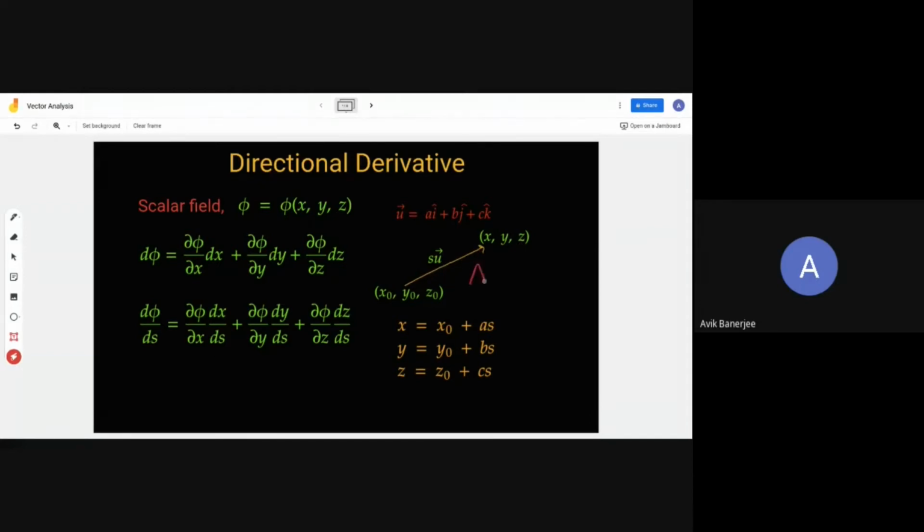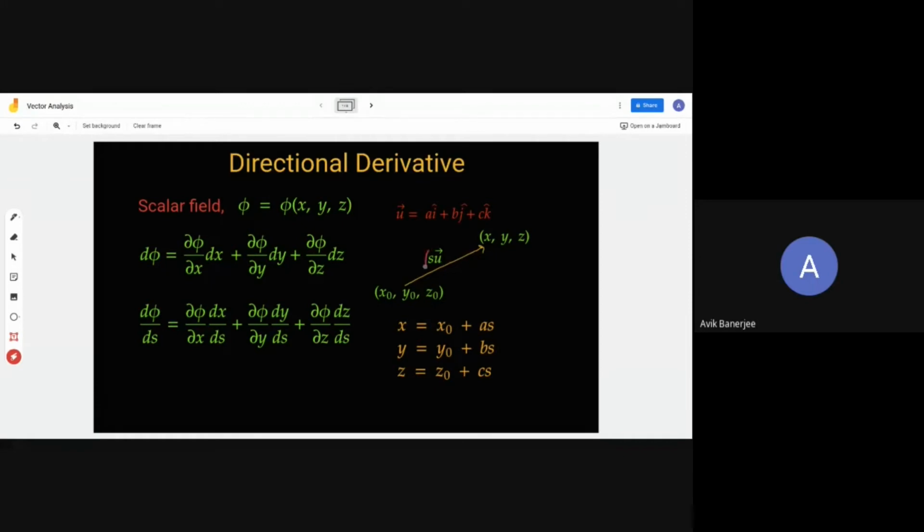We can call it a vector or whatever we like. And if we can write it as a vector quantity, we can always find out a unit vector in that direction. So the unit vector in the direction is u vector. Say, u vector is a i cap plus b j cap plus c k cap. It is a unit vector, so the magnitude of u vector, mod u vector, should be 1. So what is the distance from x0, y0, z0 to x, y, z?